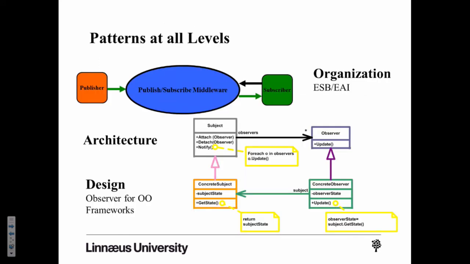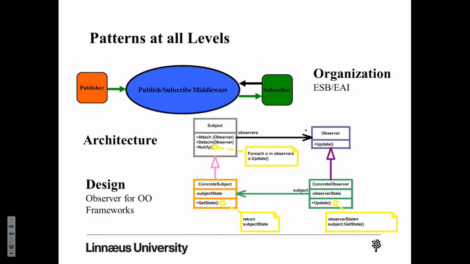So, as I said, we have patterns at all levels. At the organizational level, you can talk about publish-subscribe. With the enterprise service bus, ESB, you can connect systems within your enterprise that subscribe to events.